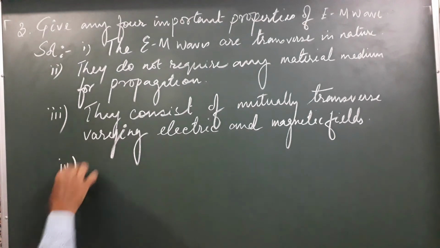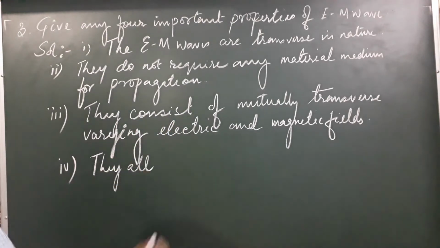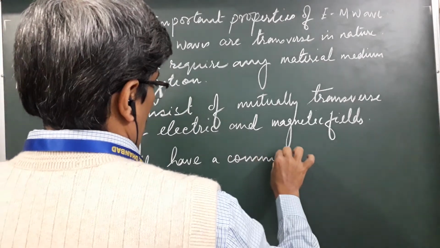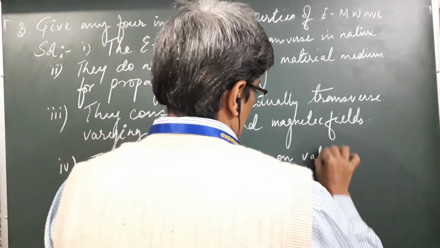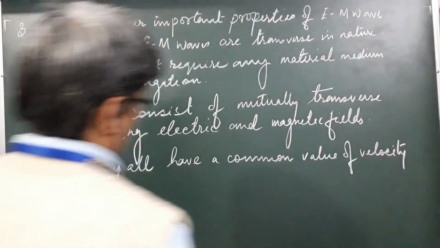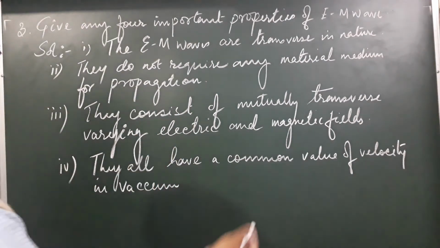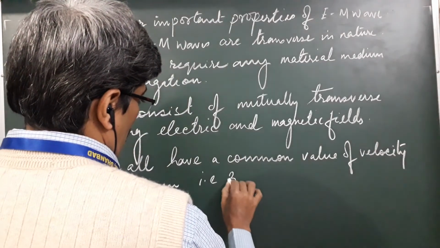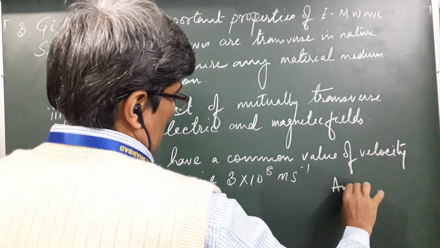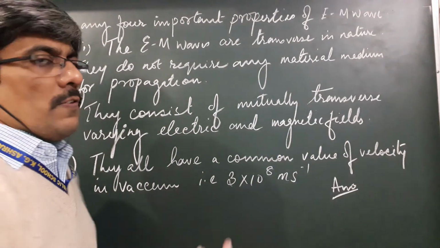And the fourth one, very common, they all have a common value of velocity in vacuum, that is 3 into 10 to the power 8 meters per second. So these are the most important properties of electromagnetic waves.